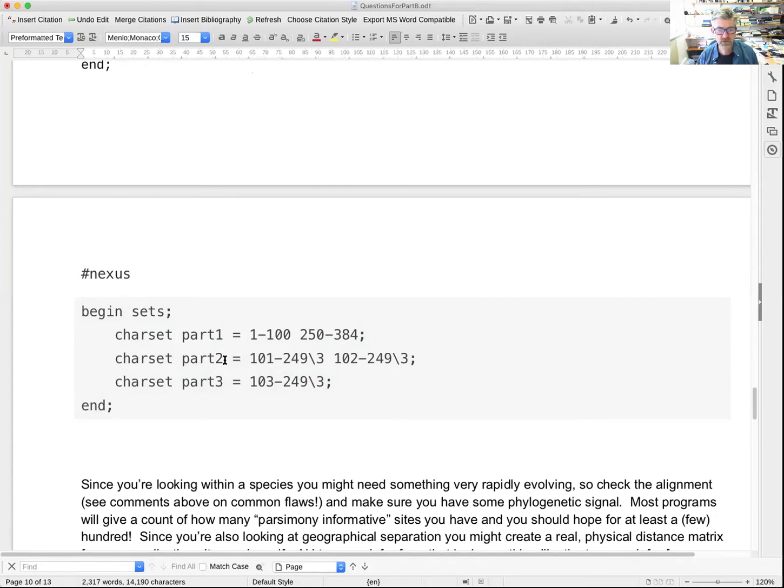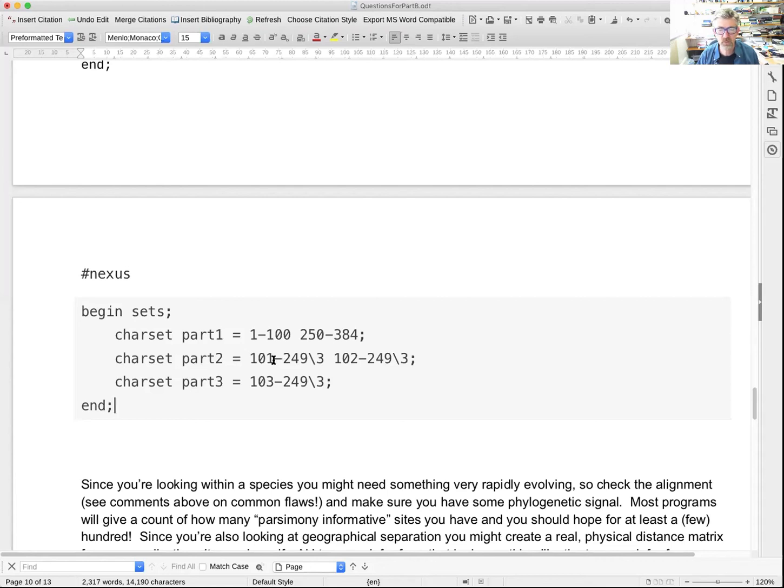Part 2 contains 101, 102, not 103, because that slash minus, it's like a -3, not the third codon.